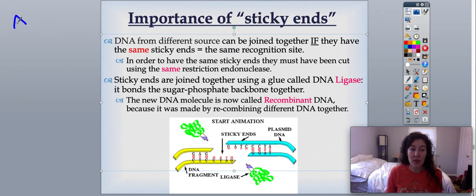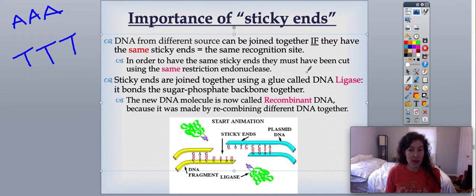So if one animal has A on that little single-stranded part of their sticky-ended DNA, and another animal has T, you know what? Those are going to match together according to Chargaff's rule. You could combine those 2 organisms' DNA if they have the same sticky ends.